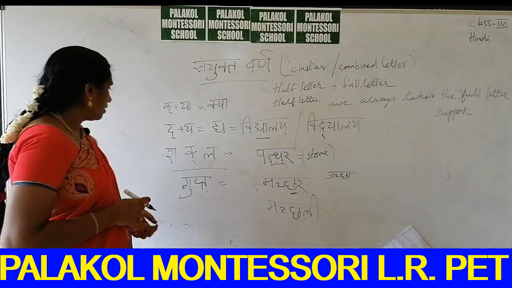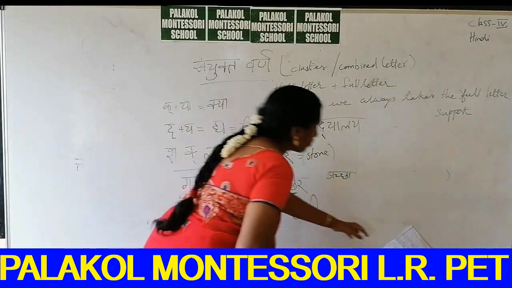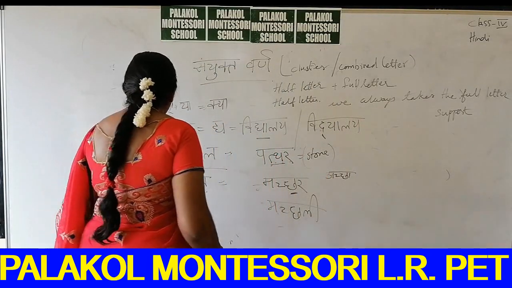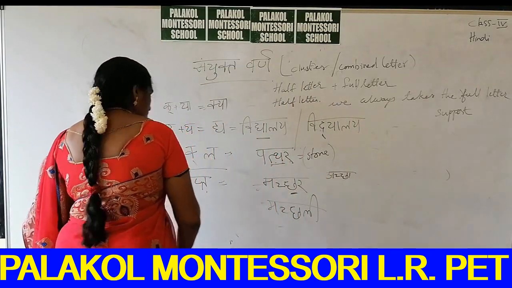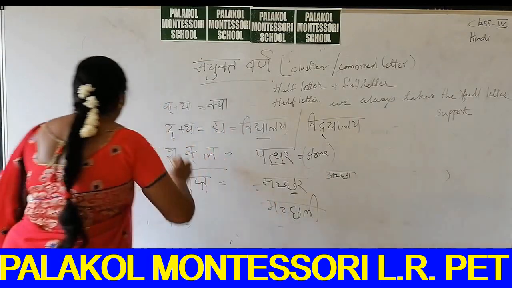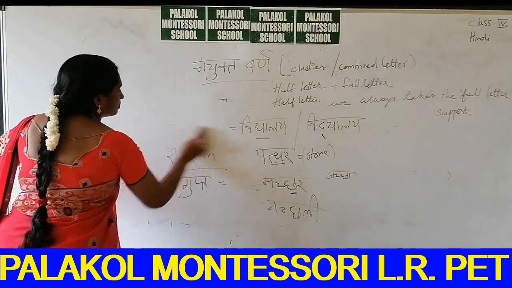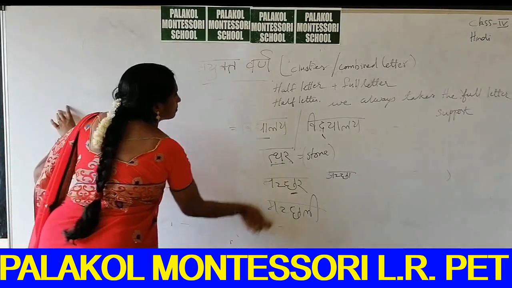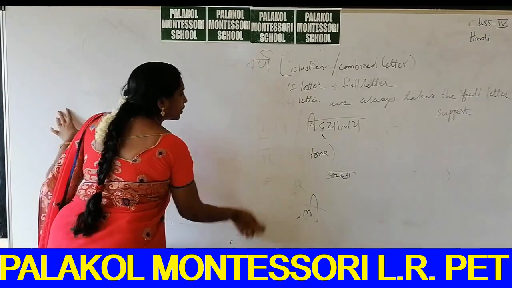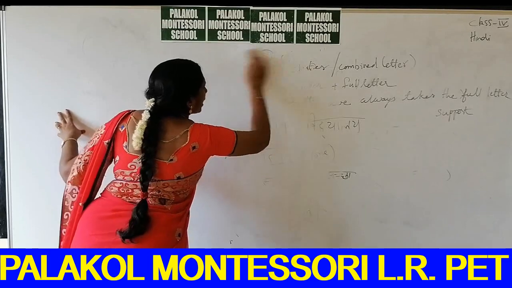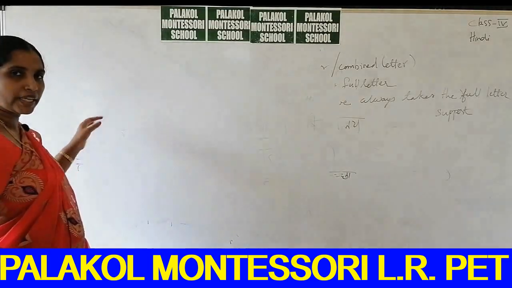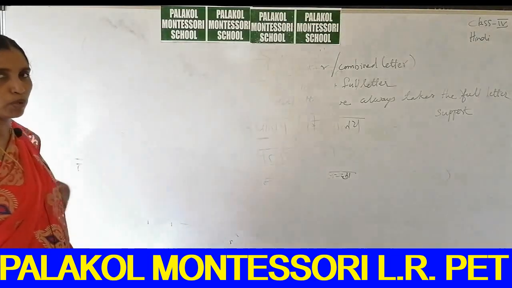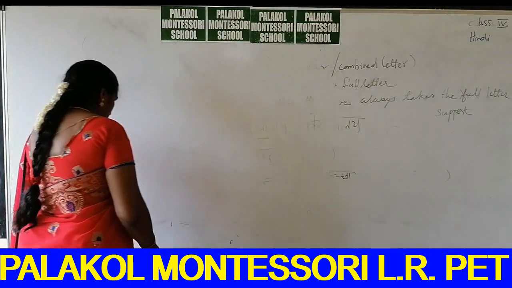Here is one more thing I want to tell. I hope, children, you are maintaining a notebook and writing notes. Maintain Hindi in a separate notebook and follow these notes.